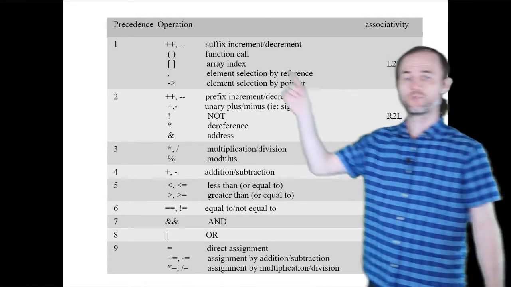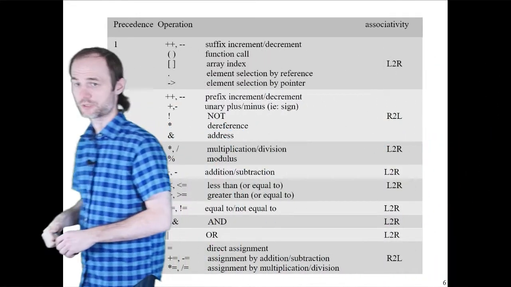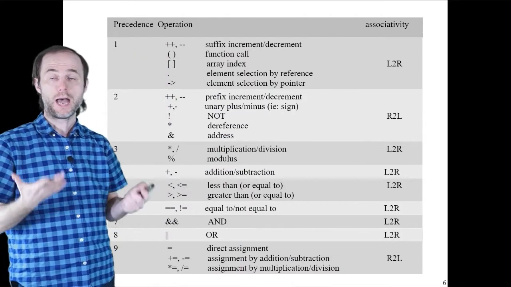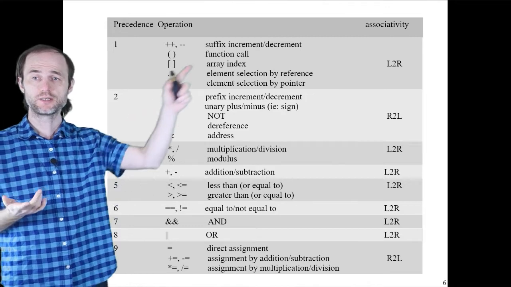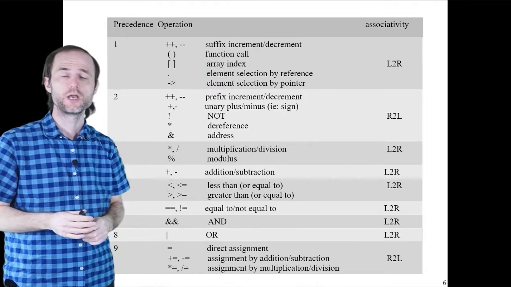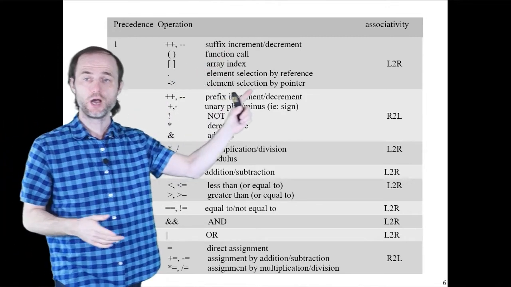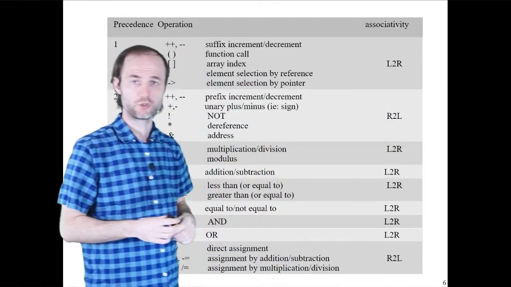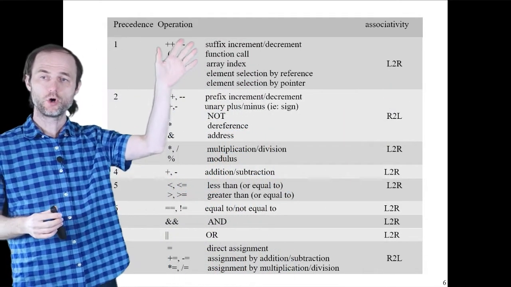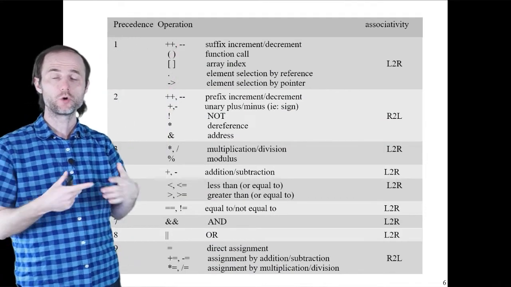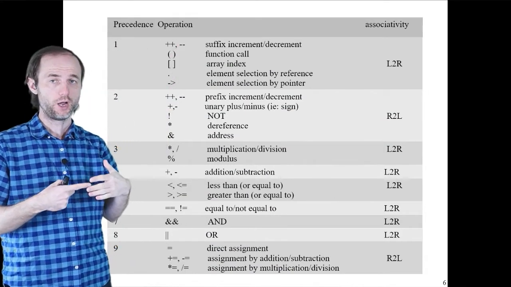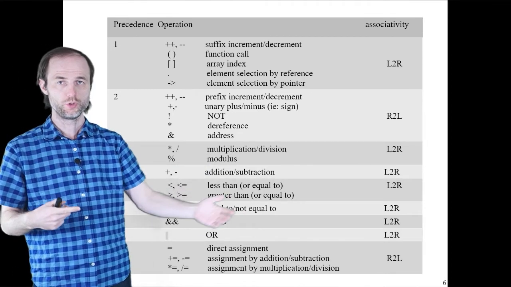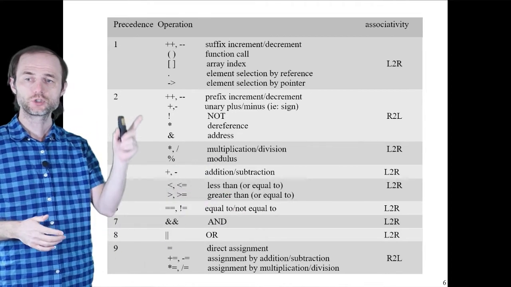So for instance, if we take operator precedence level 1 group of operators such as i++ or i--, that is a suffix increment or decrement, these are operating under the left to right associativity. So the operators within this group are going to be executed starting with the left and continuing in the right direction, and so on and so forth.